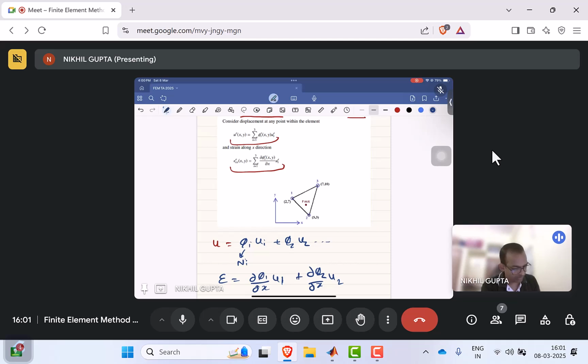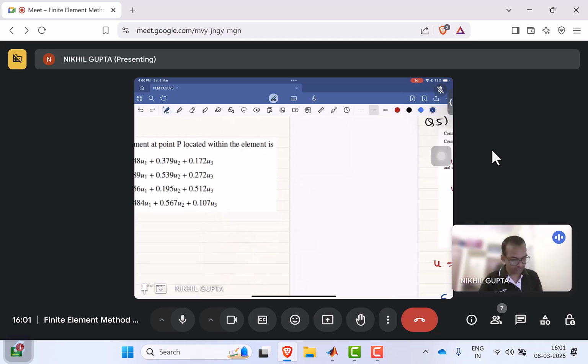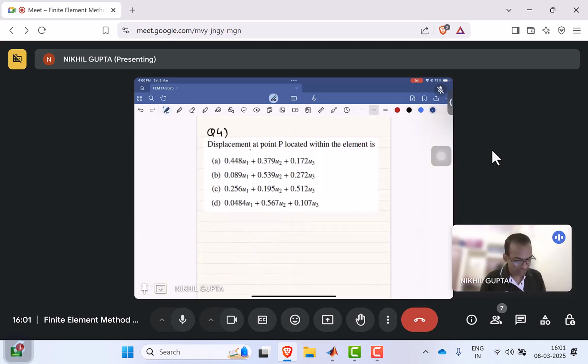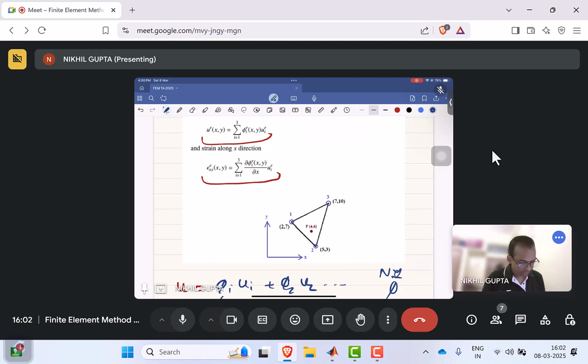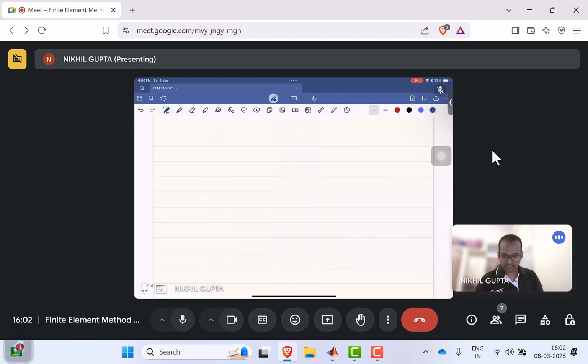Just a way of writing, they write N as phi here. They are equal. So let's solve this problem. The question is asking us to find the displacement at point P located within the element. Where P is here, and this is the one triangular element you have got with the coordinates as given. So let's start solving this.